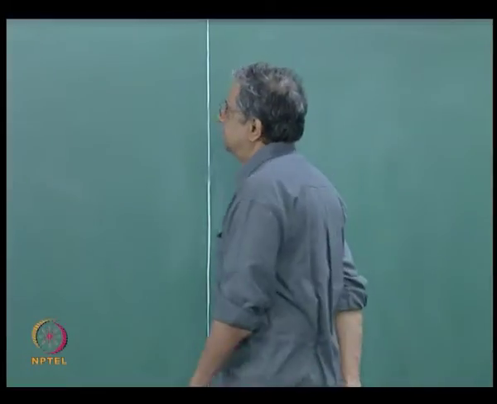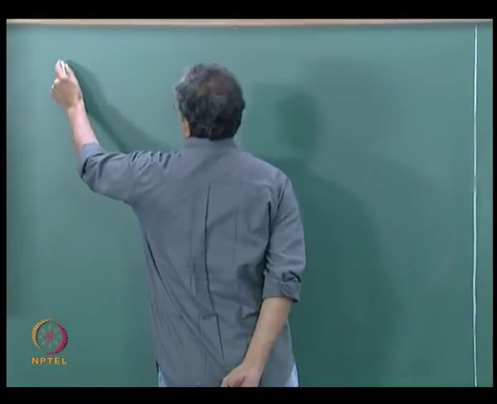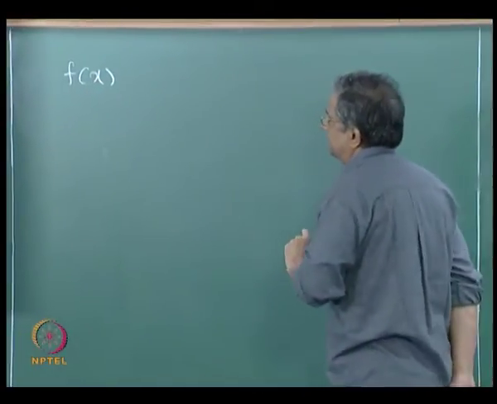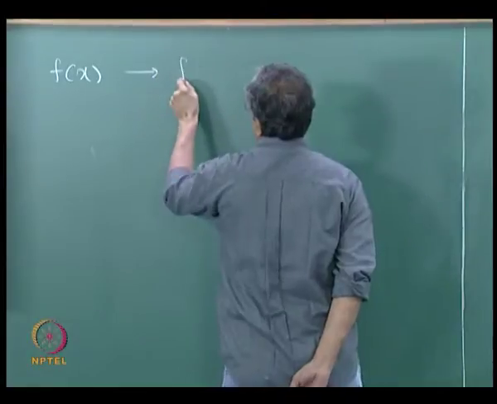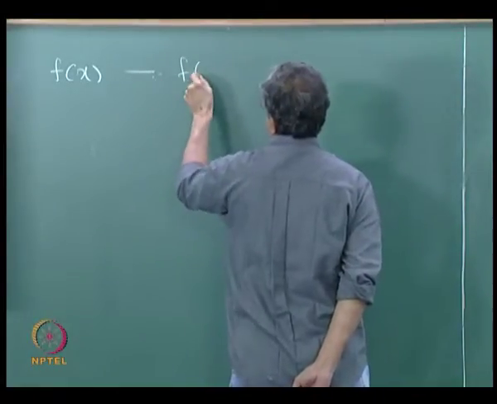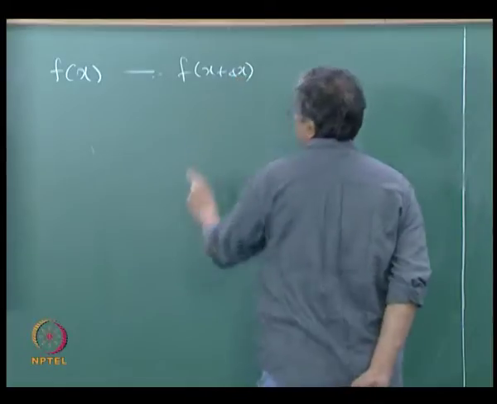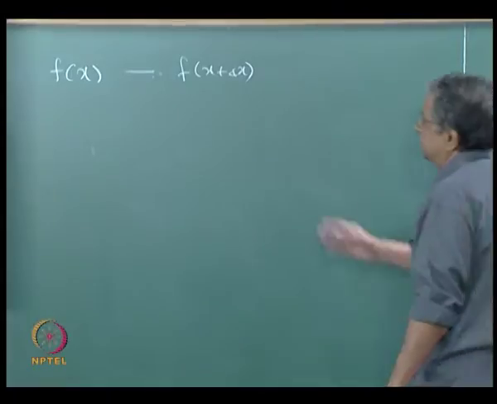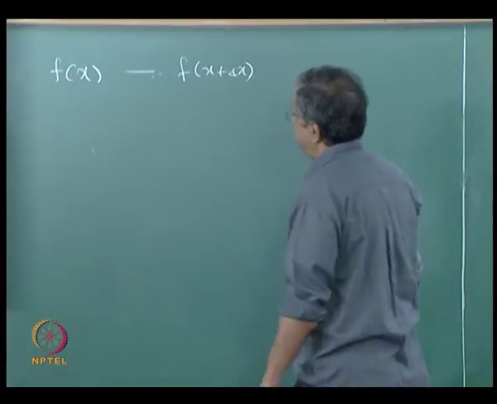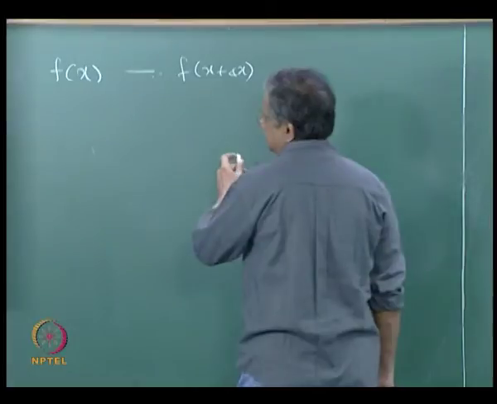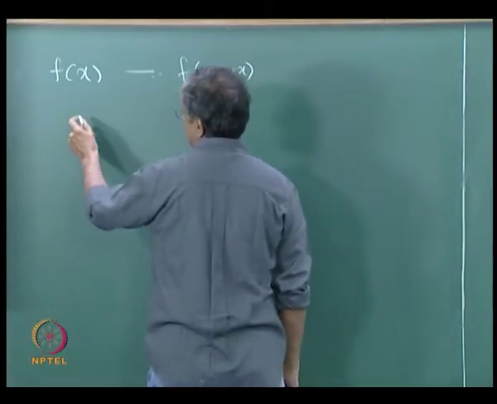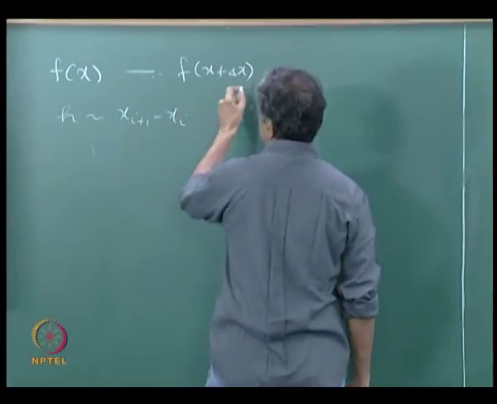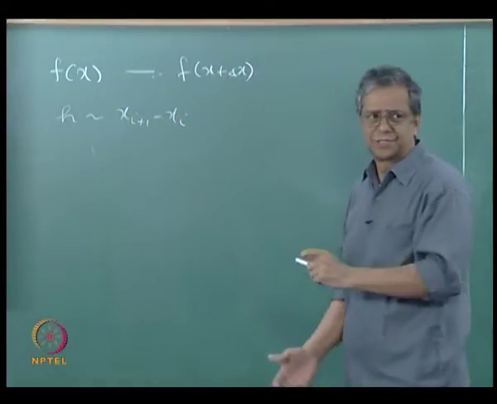Now we saw in the last class that if you had a function f of x and you wanted to find out its value at f of x plus delta x, we could use Taylor series to write f of x plus delta x in terms of f of x. For the sake of this discussion, like I did earlier, I will say h is approximately x_{i+1} minus x_i. I know I have introduced delta x because that is what you are used to seeing in your Taylor series formulas.